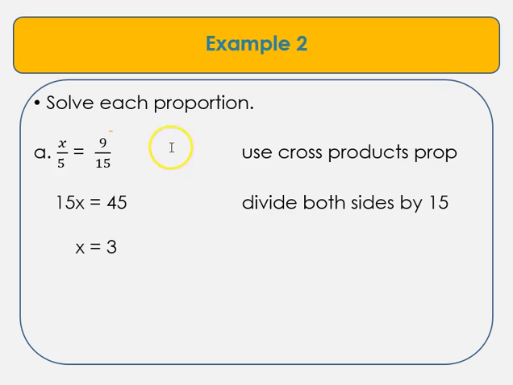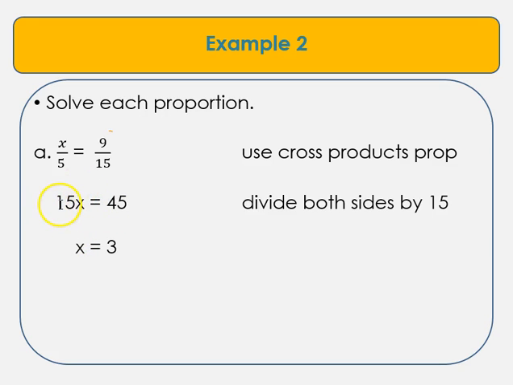Example 2, it says solve each proportion. So we have a proportion, x divided by 5 equals 9 divided by 15, or x is to 5 equals 9 is to 15. Use the cross products property. And if we multiply across, we have 15x equals 45.